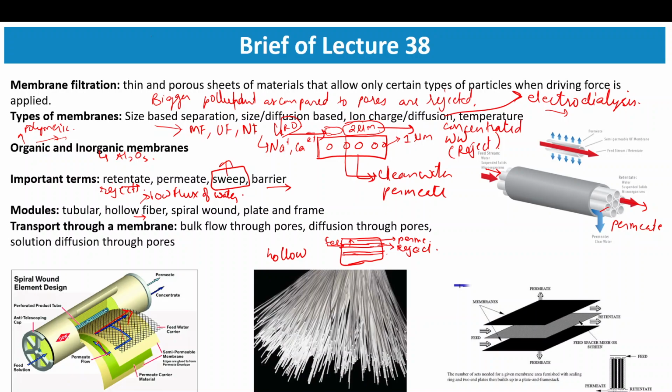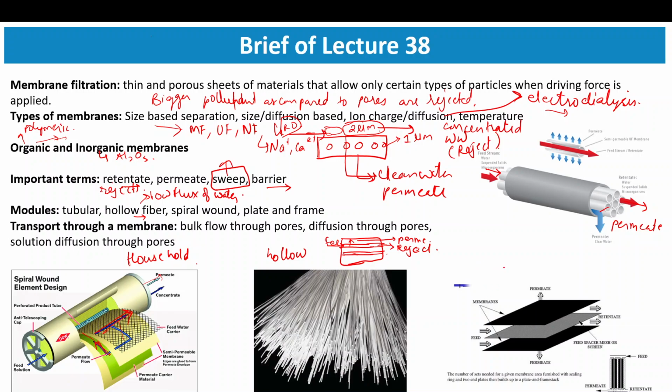By this carrier material you give the path in which permeate water will be allowed to flow, so it will go this side and can be collected outside. Now this is the reject, and later you can collect the reject in the direction where it passes. This is the most commonly used module in households and even in industries.